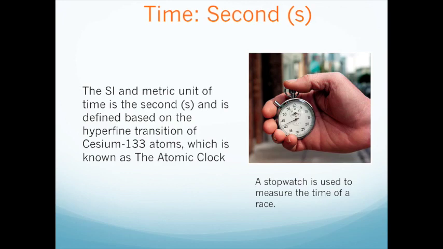Time is generally measured using a stopwatch, hopefully more accurate than the one being shown here, but this one actually might be more accurate than some digital stopwatches if it's well made.